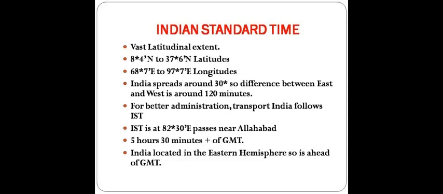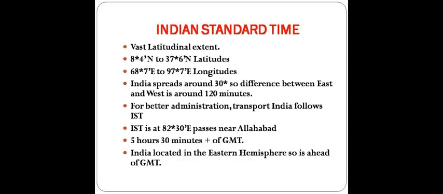Let's go to the next topic, Indian Standard Time, IST. As India is divided into vast latitudinal extent, right? India is spread from Gujarat till Arunachal Pradesh, from Jammu Kashmir till Kanyakumari. Now latitudinal extent means from Gujarat to Arunachal Pradesh.